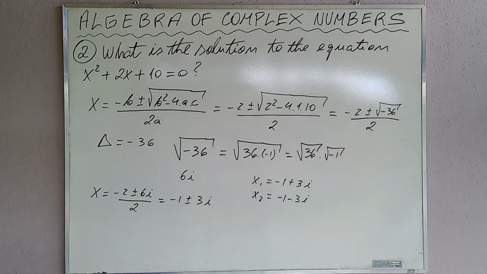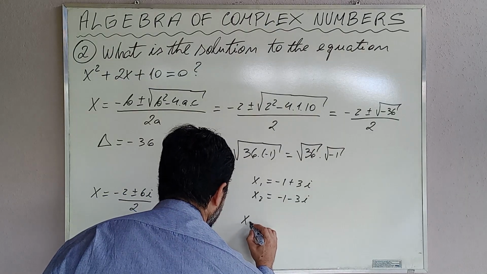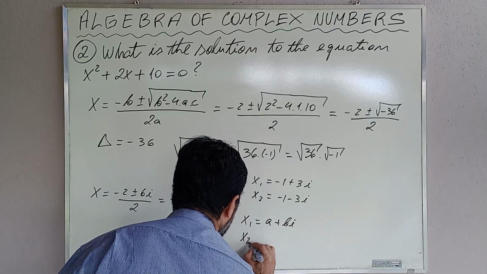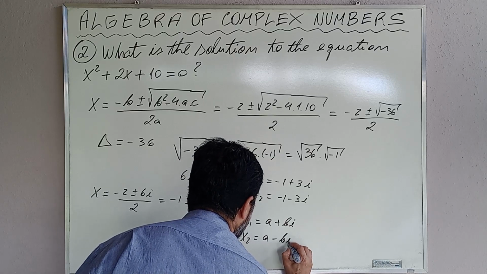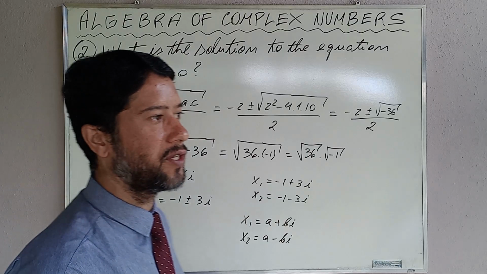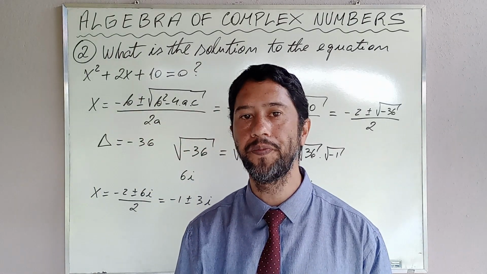Numbers of the form x1 equal to a plus bi and x2 equal to a minus bi are called complex conjugates, in which the real part is the same and the imaginary parts are symmetric with respect to the real axis. And this is all for the debate of exercise number 2.